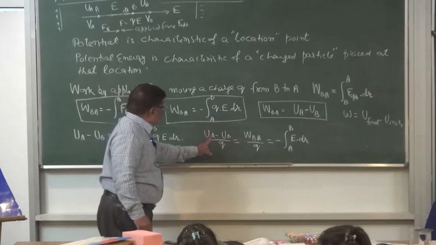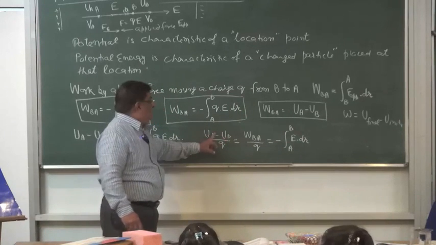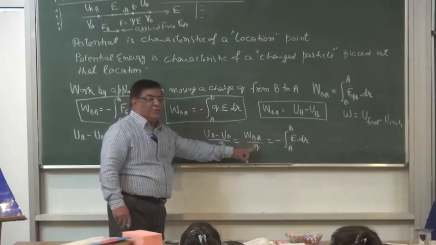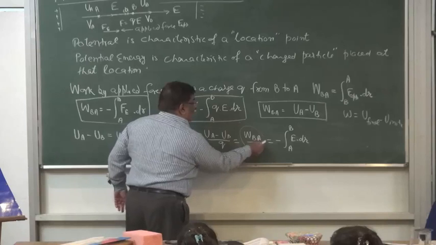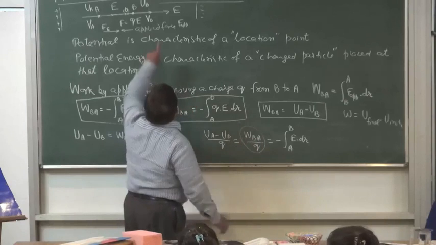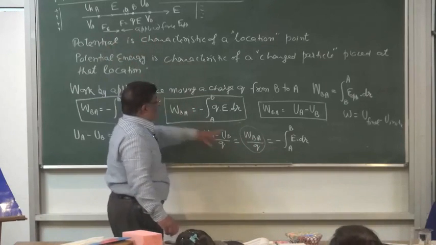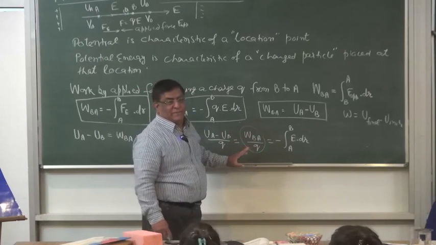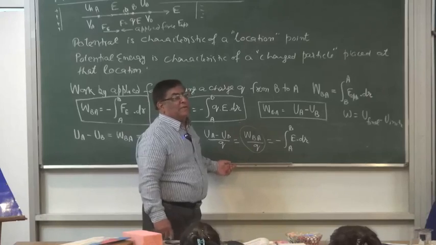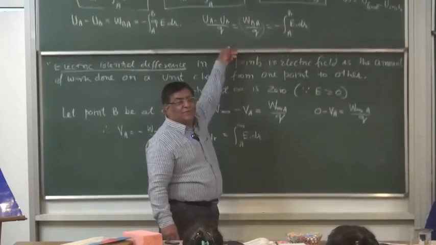Now this is the energy difference. This is equal to work done from B to A per unit charge. This work done from B to A, per unit charge, we call potential difference. Again, what is the definition of potential difference?